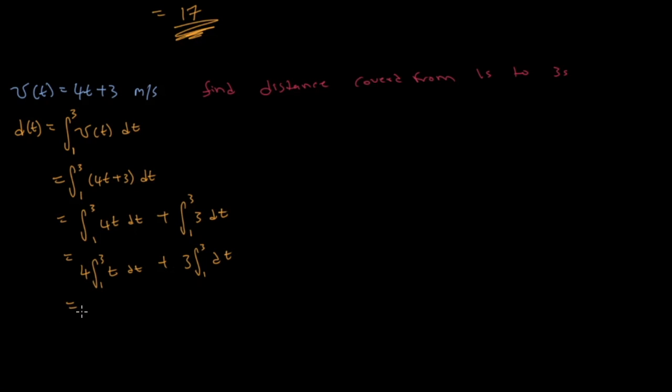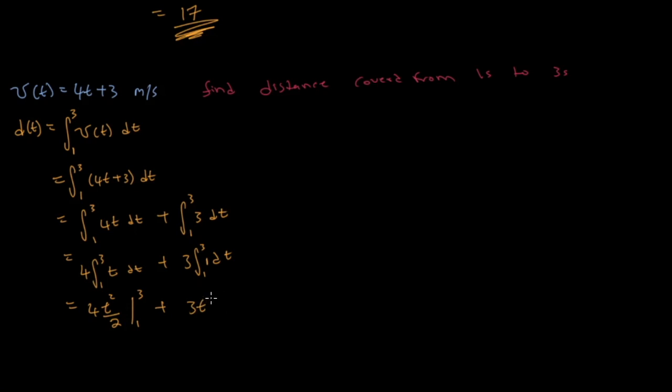And then we'll go ahead and solve this integral. So that would give us 4 times t to the power of 2 divided by 2 from the interval 1 to 3, plus 3 times, remember there's like an imaginary 1 here, so this 1 will go up to an x, right? 3x, or sorry, 3t I should say, not x.